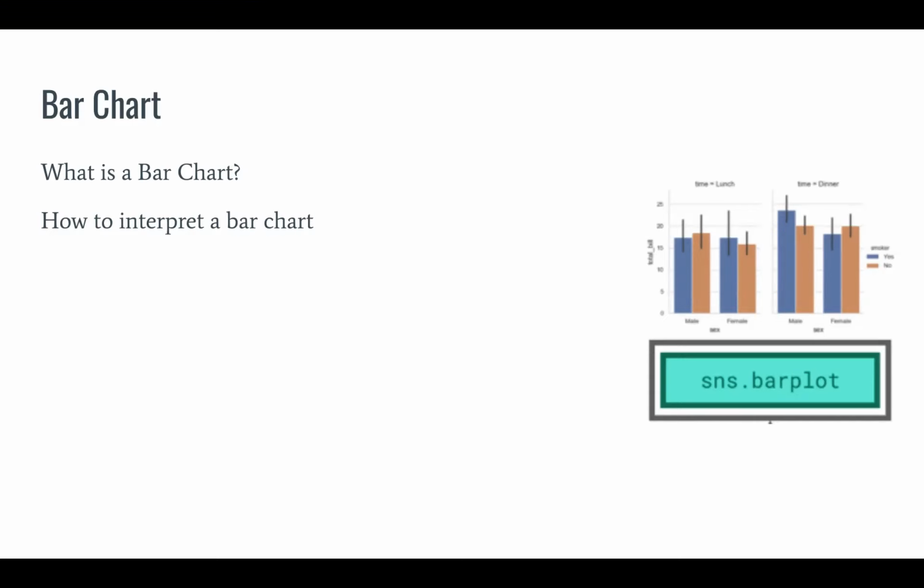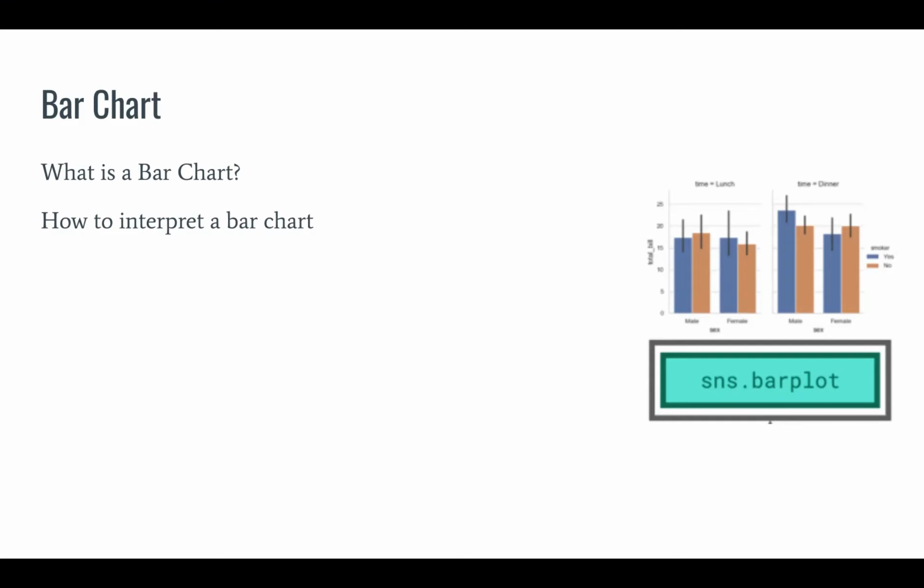And some common ways to interpret a bar chart includes comparison. So what we mean by comparison, you want to compare the values of the variable across different categories. Like you want to see which category has the highest value, which category has the lowest value.